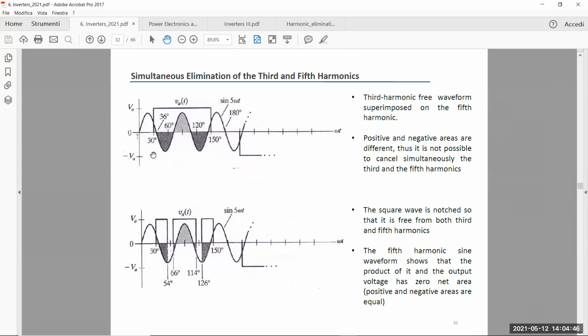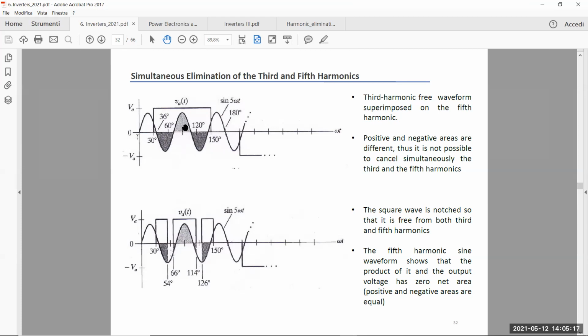Alpha is 30, so the V naught waveform is the same as before. We have to look at what happens to the product between the two. As you can see, the negative areas, the summation of these two dark gray waveforms, does not compensate for the positive area of the sine wave. So you have a non-null integral.